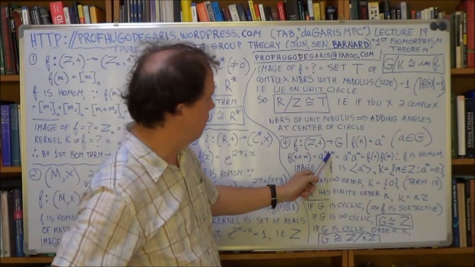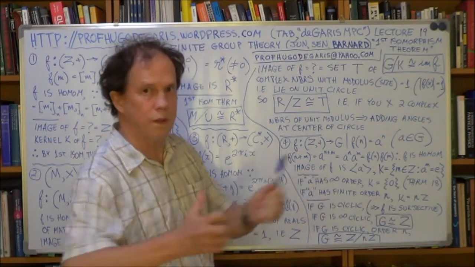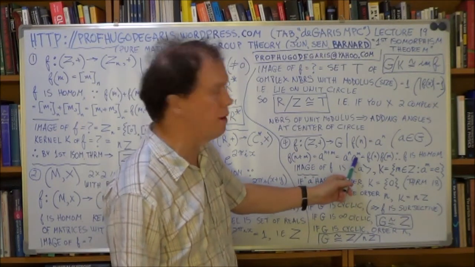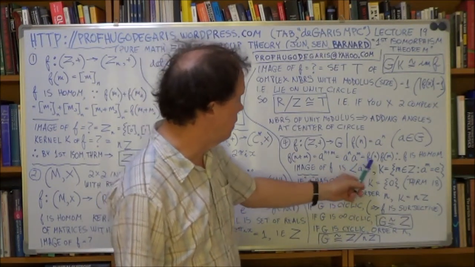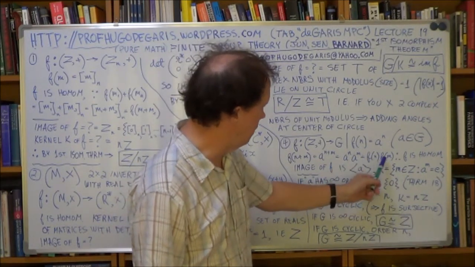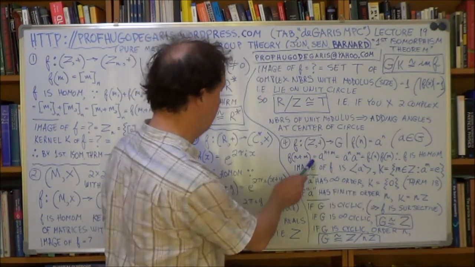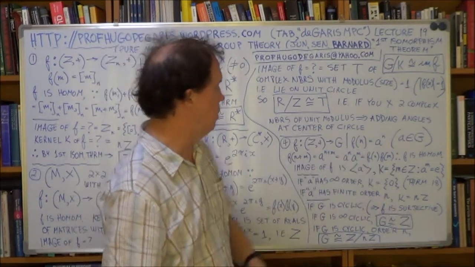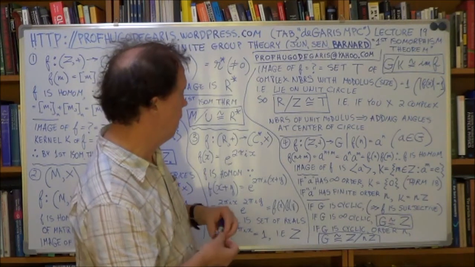Now these are just exponents, so you can split them up, so you get a to the n times a to the m. But a to the n is f of n by definition, and a to the m is just f of m. So therefore this equals this, so we've just shown that f is homomorphic.